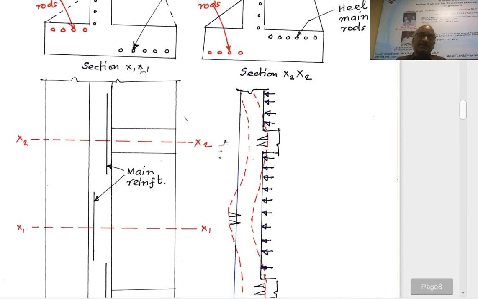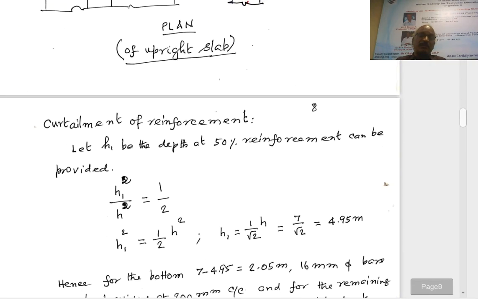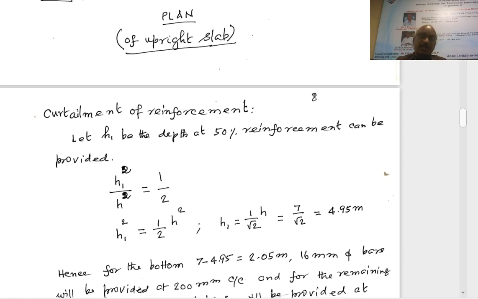So here in the case of the counterfort retaining wall, it is proportional to h square. Previously in the case of the cantilever retaining wall, you assumed h1 cube by h cube. Now here it is h1 square by h square, right? So derivation and other things let us avoid here, just take it for granted: h1 square by h square.